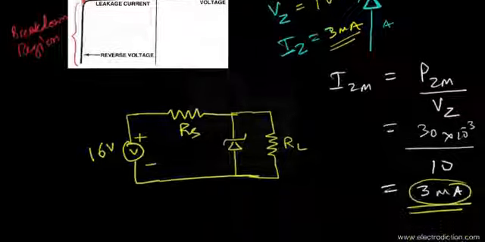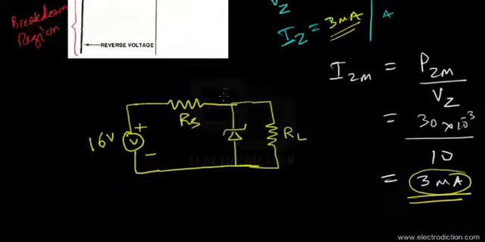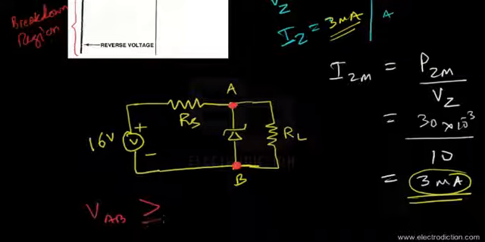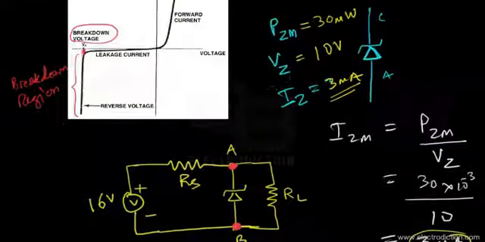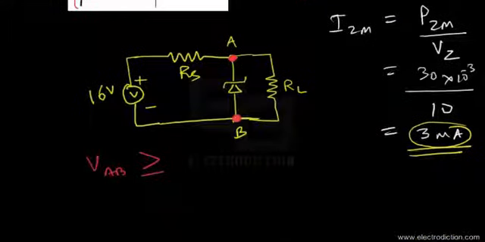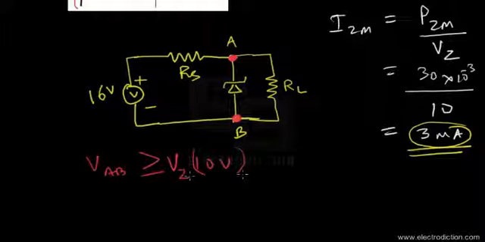Whenever we connected it this way, once the voltage across these 2 points, that's A and B marked in red, let's say I call it VAB, is greater than or equal to the breakdown voltage, that's 10 volts, the Zener diode would operate in the breakdown region. So VAB needs to be greater than or equal to the Zener breakdown voltage, which is 10 volts in this case.